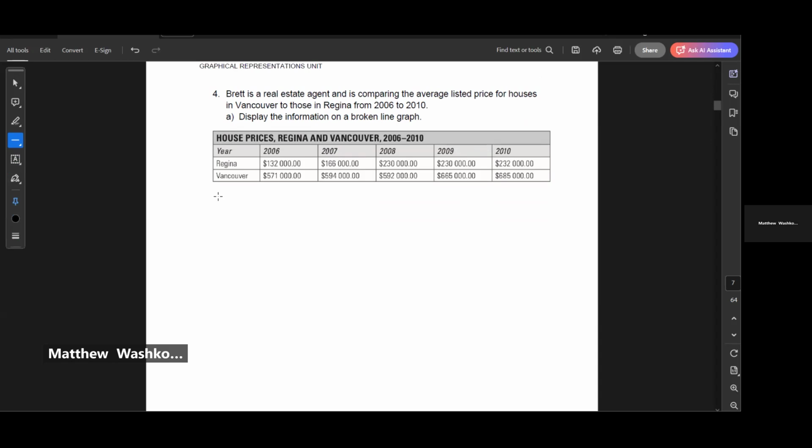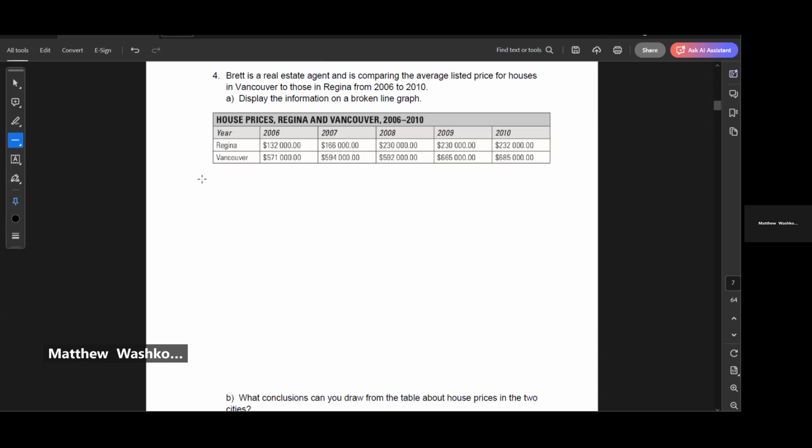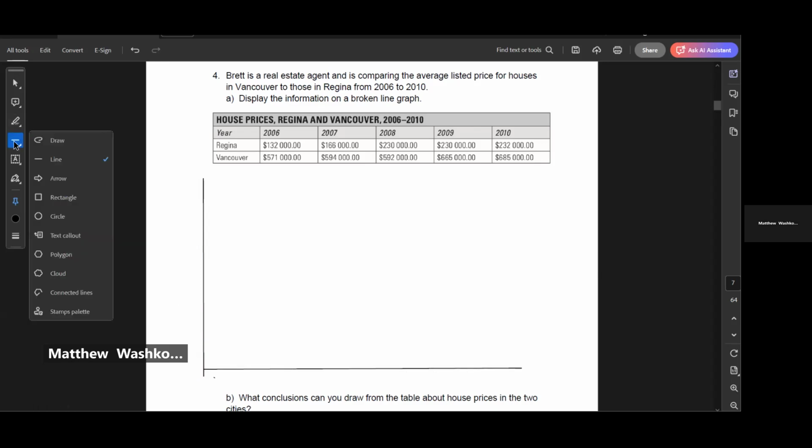So first thing I'm going to do is draw myself a nice little graph here to use. The next thing I need to do is follow my normal graph steps.